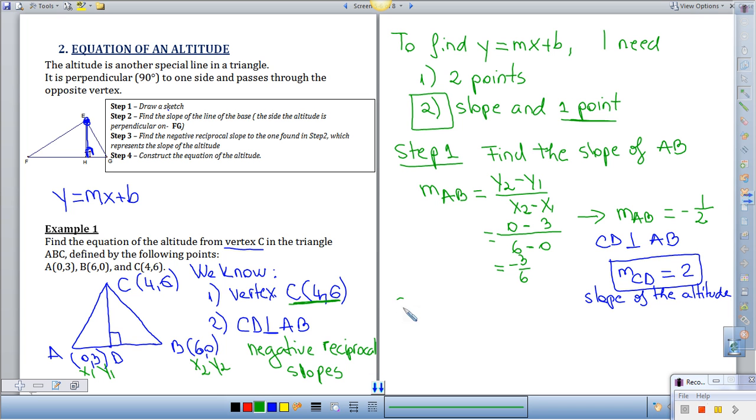Step 2. Now that we've found the slope of the altitude and we know the vertex point that the altitude passes through, we can substitute vertex C and the slope of that altitude in the equation of a line, y equals mx plus b, to find b.